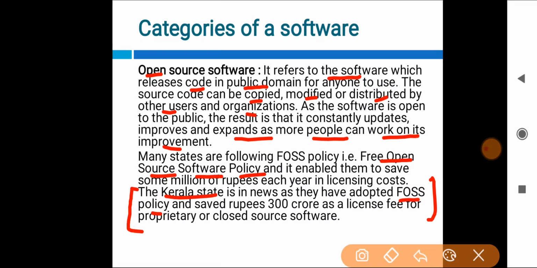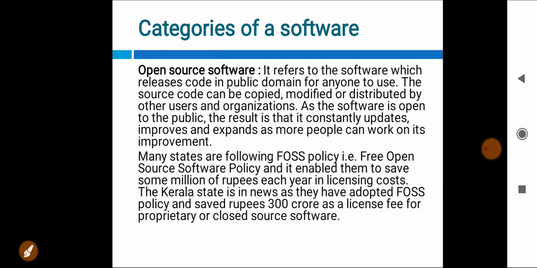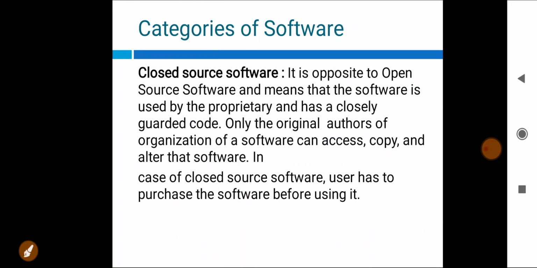In this manner they have saved almost 300 crores of rupees, which could have been paid as a license fee on proprietary or closed source software. The software which could have been purchased, they have used open source software instead, and in return they have saved almost 300 crore rupees.